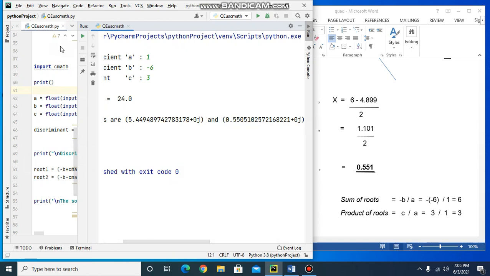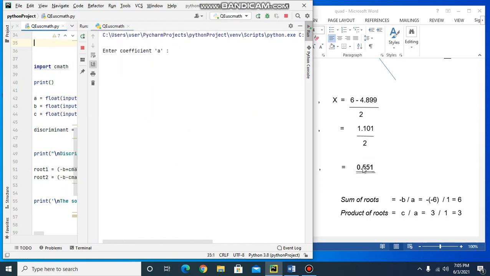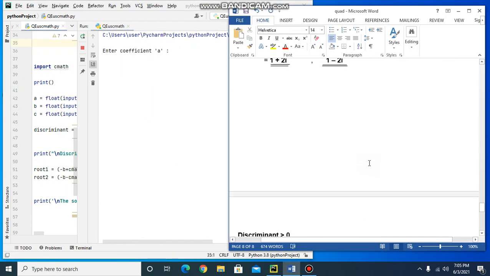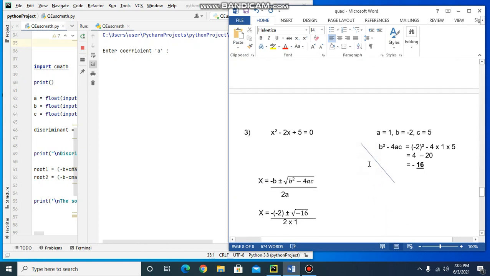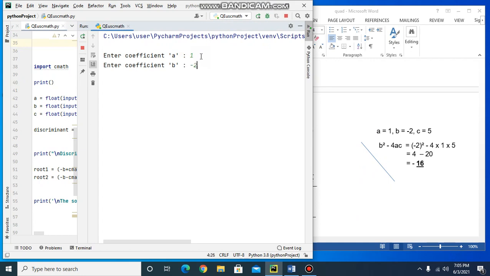Now we will see another example. 1, minus 2 and 5.